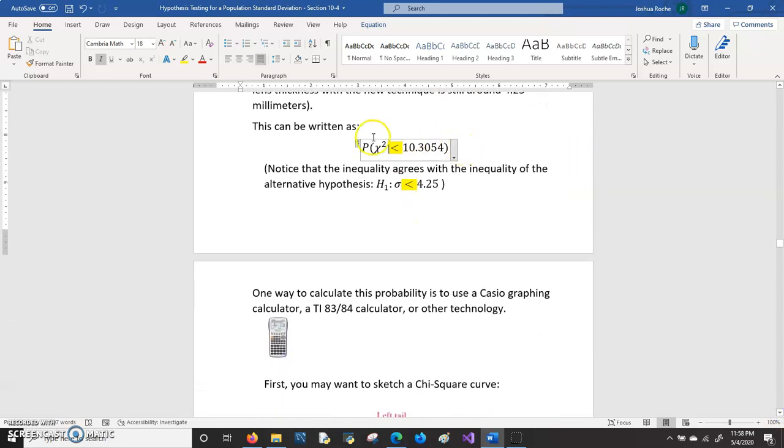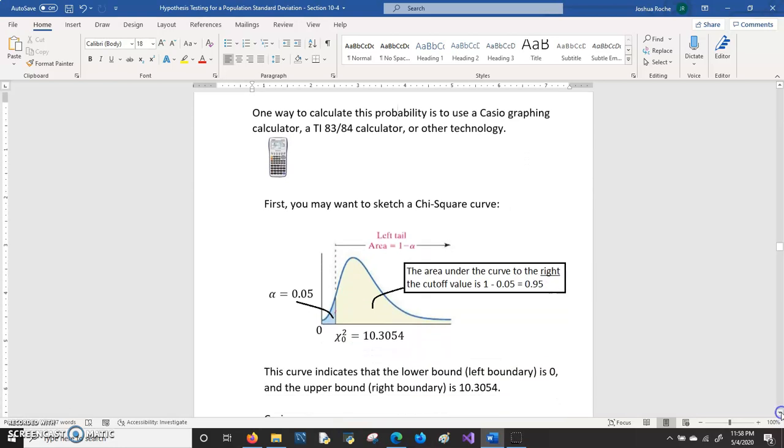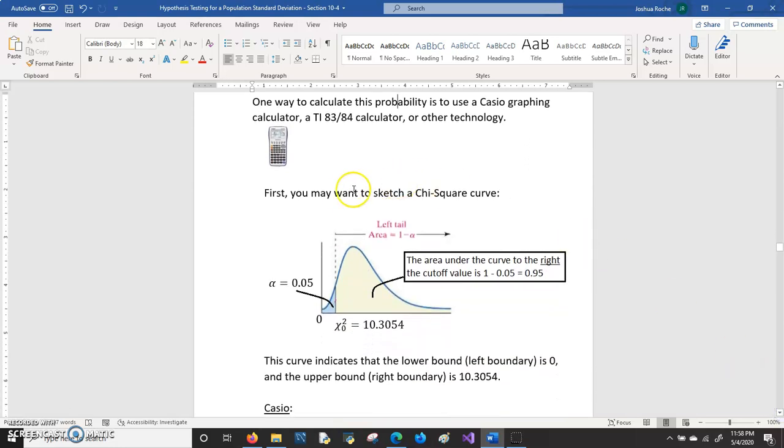To calculate this probability, you can either use a Casio graphing calculator or a TI graphing calculator. Either way, it might help to sketch out the chi-squared curve. So here's the chi-squared curve. Our test statistic is pretty close to being near the left tail. It's around here.